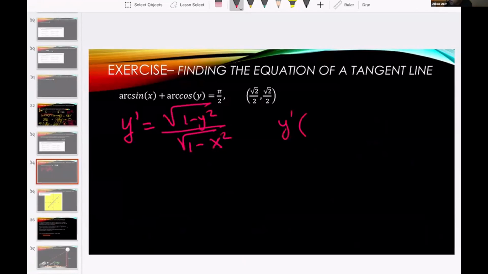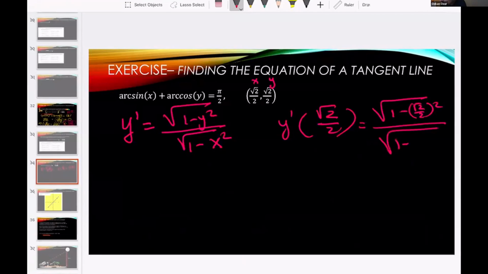And I need y prime at radical 2 over 2. Okay? So that means x is going to be radical 2 over 2. This is your x coordinate. This is your y coordinate, right? So if you see a y-related term, that's going to be radical 2 over 2 squared. And the x term is going to be the same.